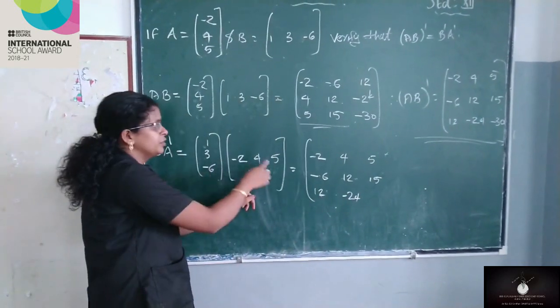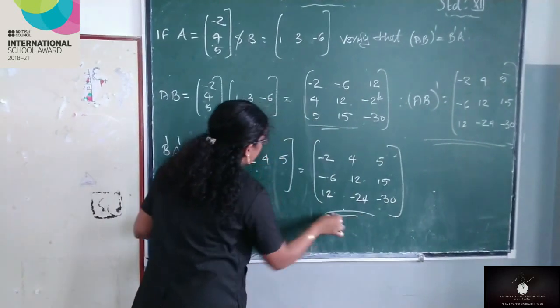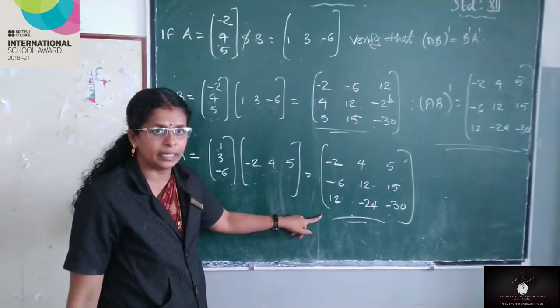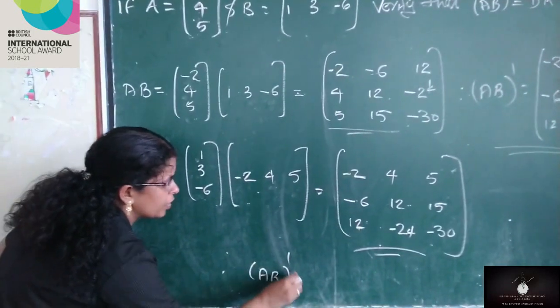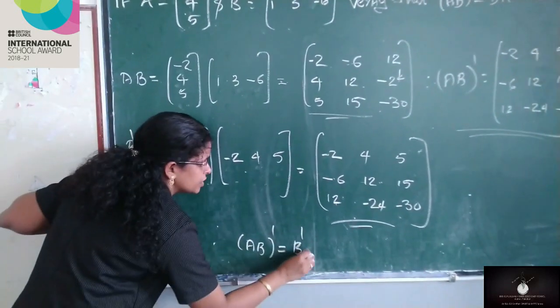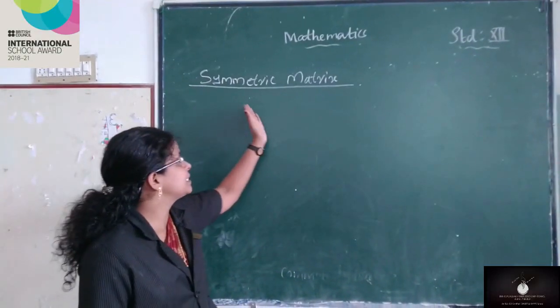Then minus 6 into 5 is minus 30. So we got B transpose into A transpose. Therefore, we have to say AB whole transpose equal to B transpose into A transpose.